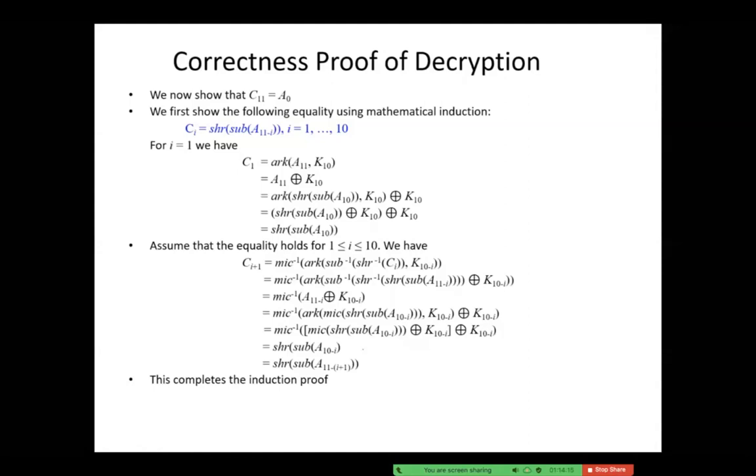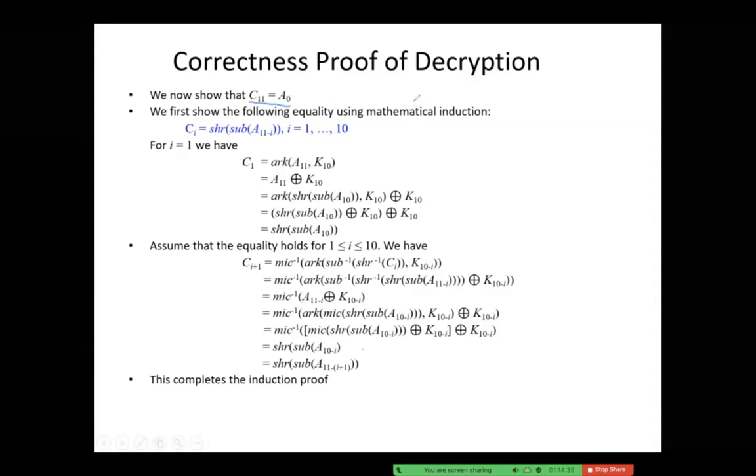Okay, so now let's say we're assuming this is true, then let me do an annotation. Then we have, because this is what we want to show for decryption to work.